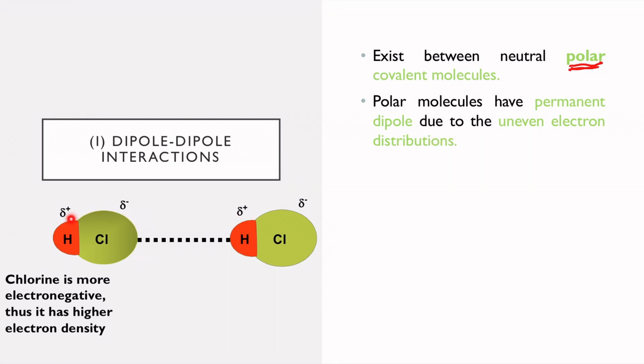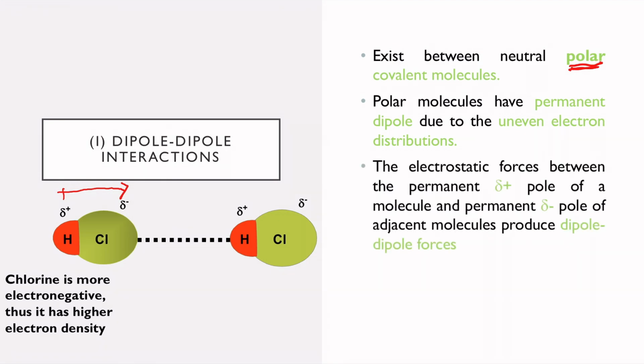So in this HCl, remember the bond dipole? It is permanent. It won't suddenly disappear.